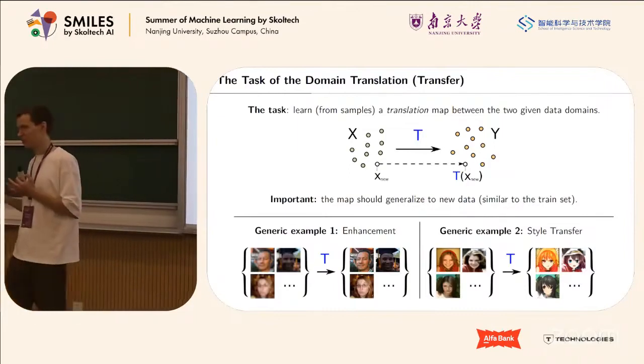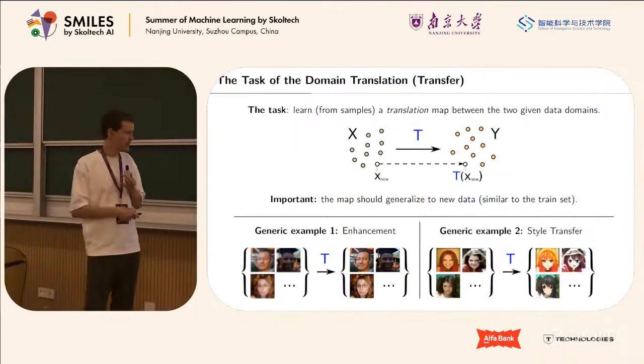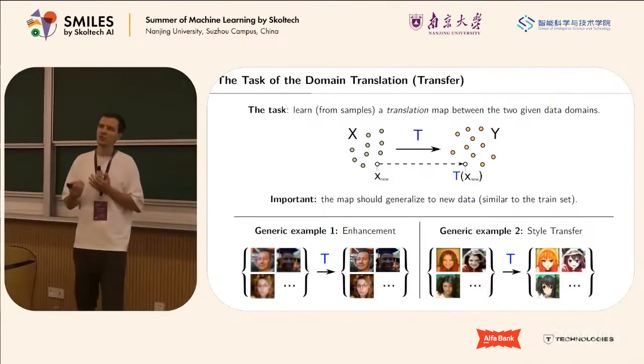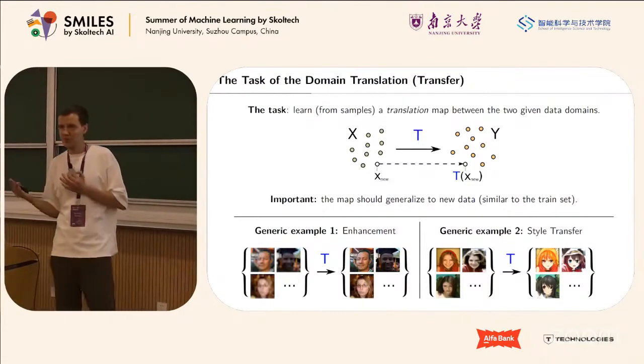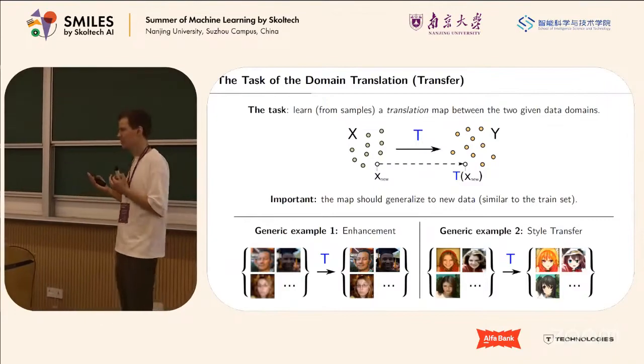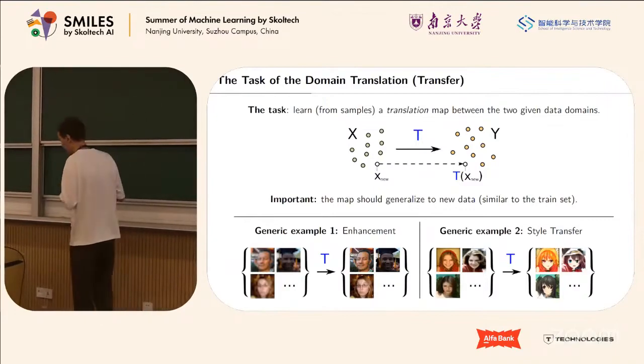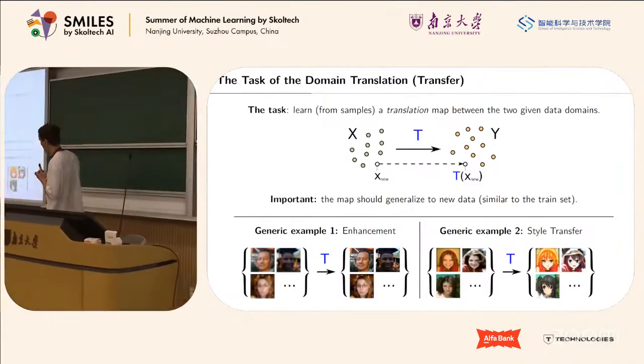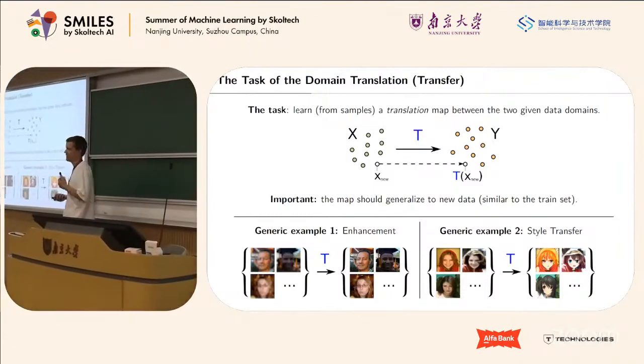And one of the most widespread applications of this is image enhancement, image restoration, and image super resolution. For example, most modern smartphones do some kind of image enhancement by AI in their camera. Another type of related problems is style transfer, modality transfer.